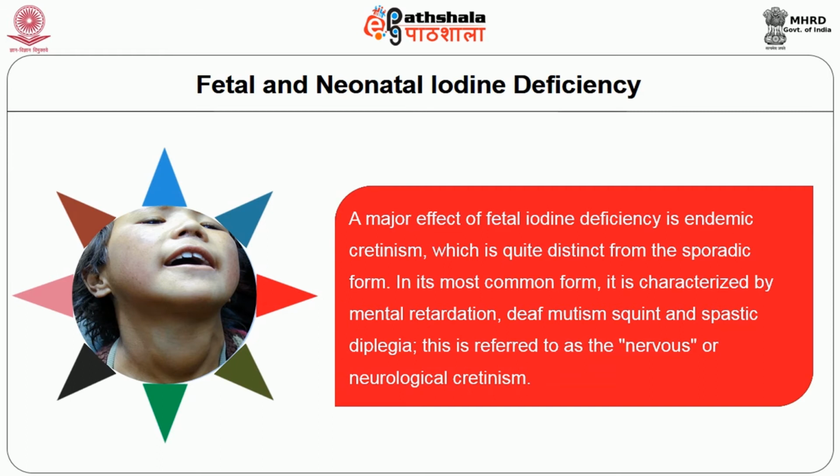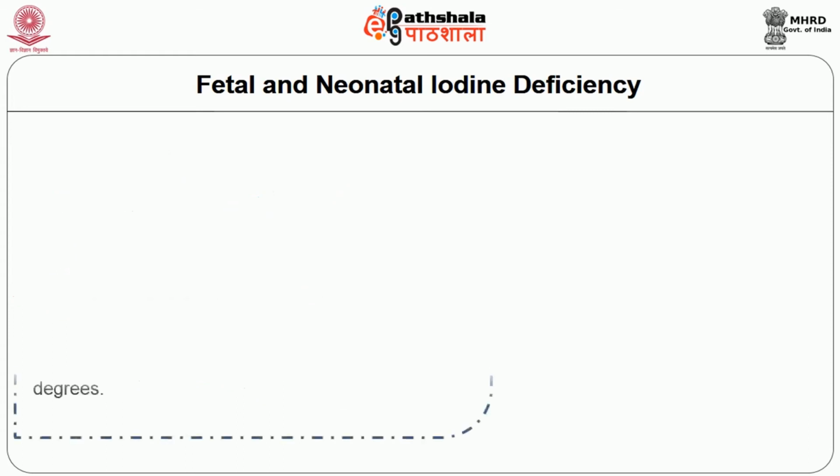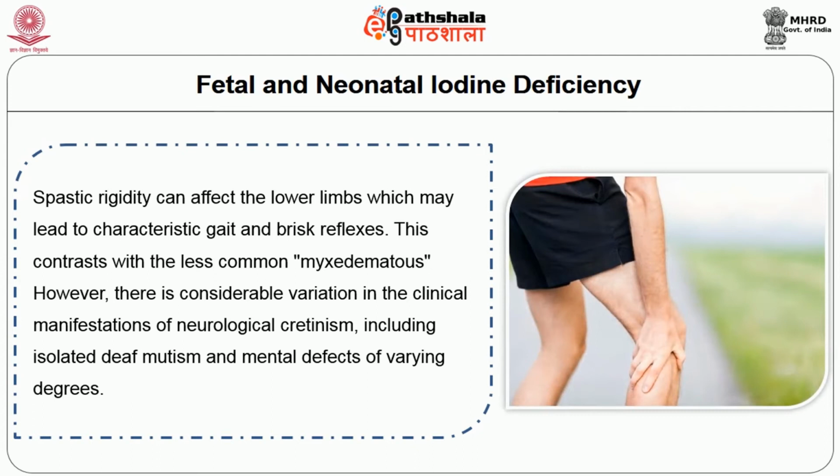In its most common form, it is characterized by mental retardation, deaf mutism, squint, and spastic diplegia. This is referred to as nervous or neurological cretinism. Spastic rigidity can affect the lower limbs, which may lead to a characteristic gait and brisk reflexes.